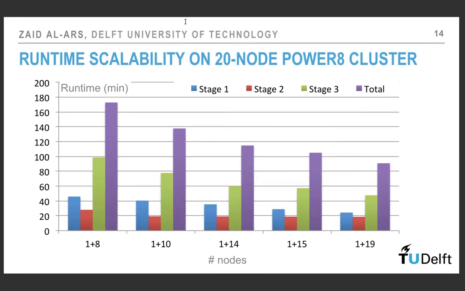And we see that the first stage and the third stage scale very well as the number of nodes in the cluster increases, while the second stage runtime does not decrease because of the large idle time and the communication cost.